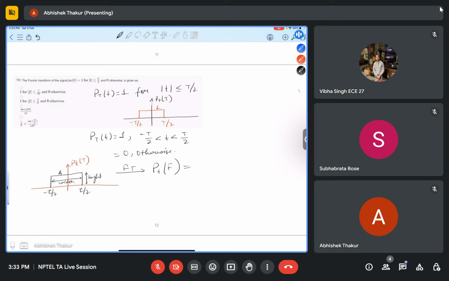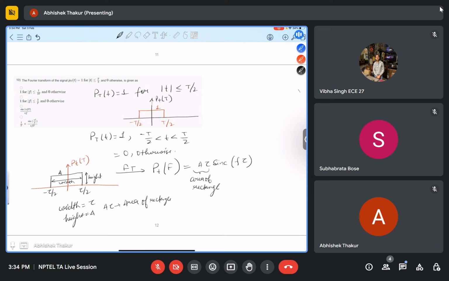So width is equal to tau and height is equal to A. So the Fourier transform will be the area, that is A into tau, the area of the rectangle, into sinc of f into tau.